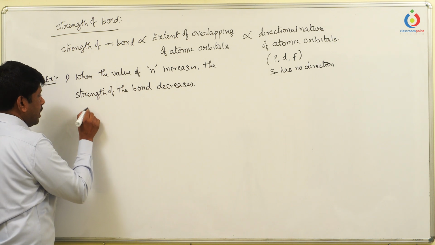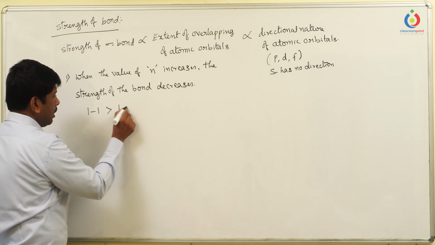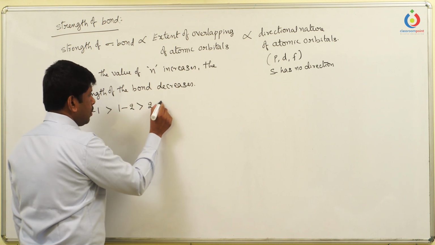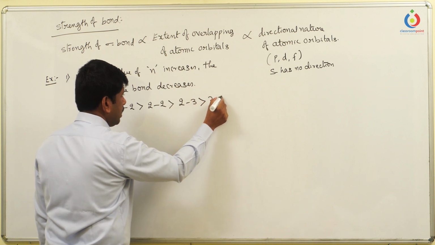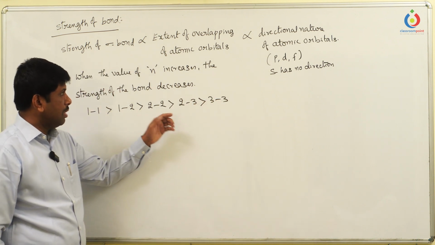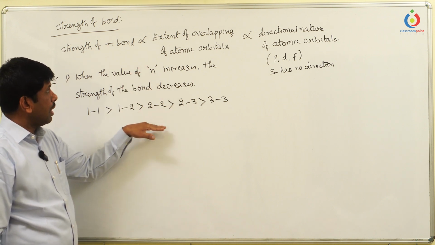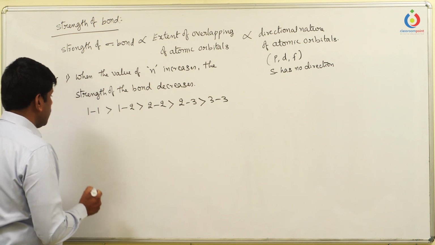So we can write that 1-1 overlap is more than the 1-2 overlap, which is greater than the 2-2 overlap, greater than the 2-3 overlap, greater than the 3-3 combination. So when the value of n gradually increases, the extent of overlapping decreases. When the extent of overlapping decreases, automatically the strength of the sigma bond also gradually decreases.